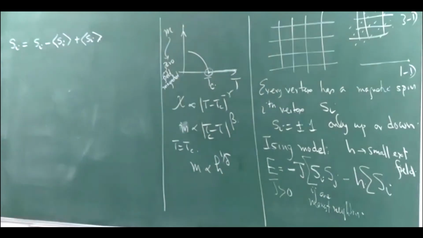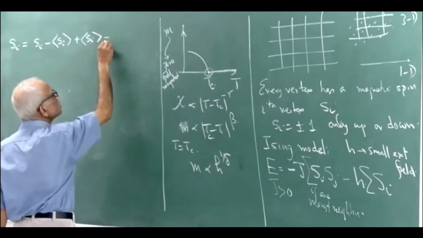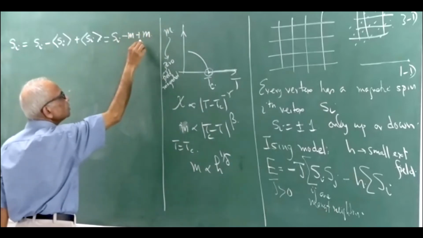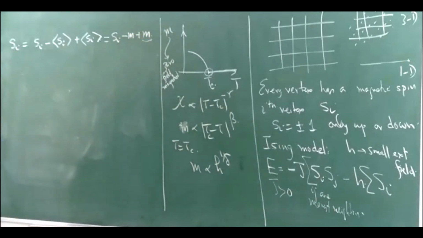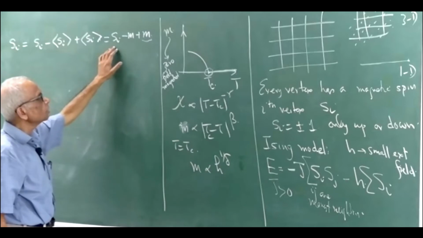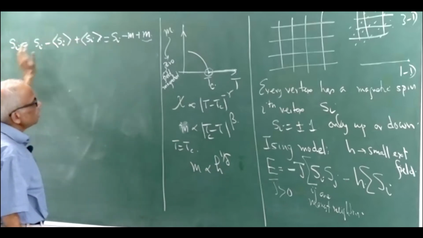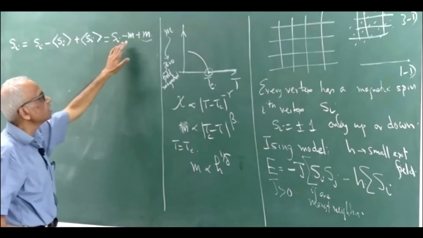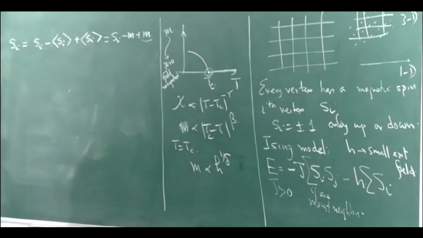Average value of S_i is your magnetization M, and therefore this is equal to S_i minus M plus M. So this M is just the overall magnetization per spin of the system if it exists, and this is the fluctuation around the M value. So this total spin has an average part which may be 0, and then there is the fluctuation around the average part. And so what do I do next?